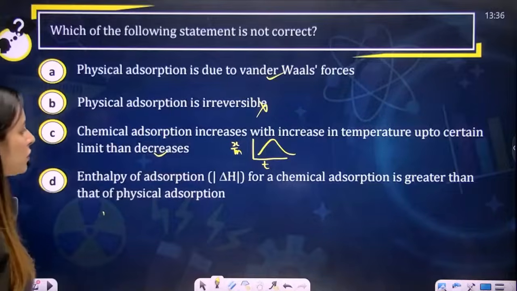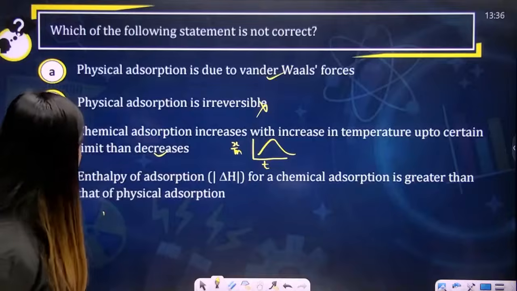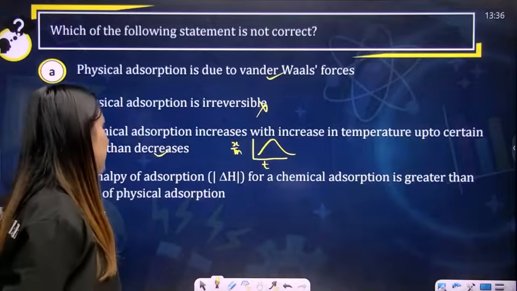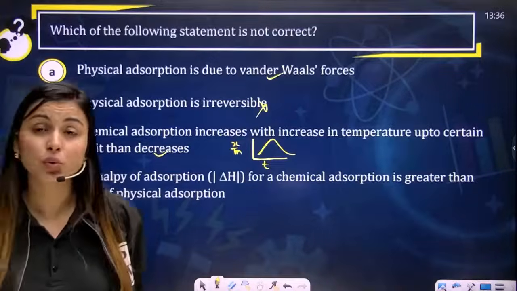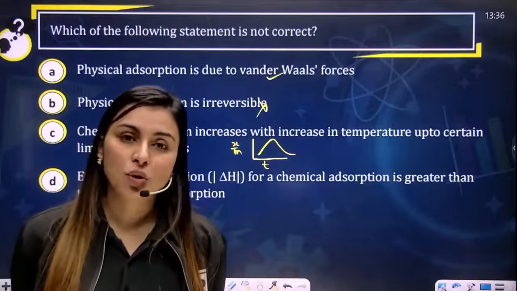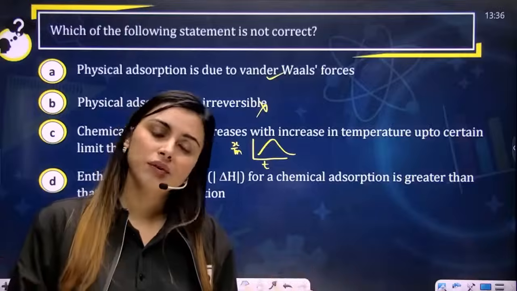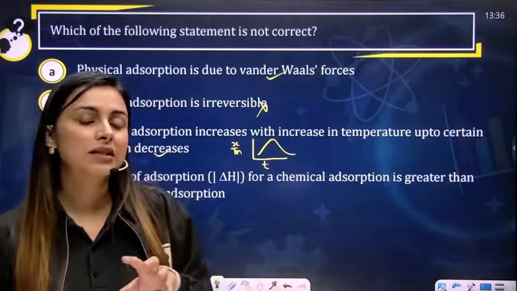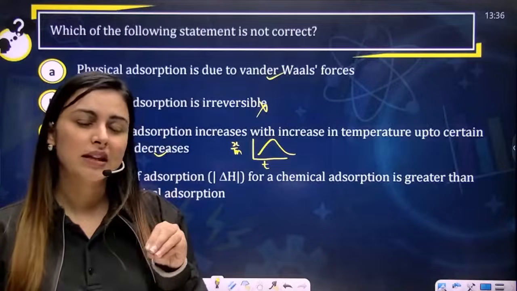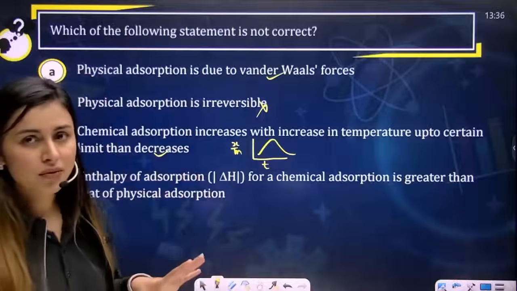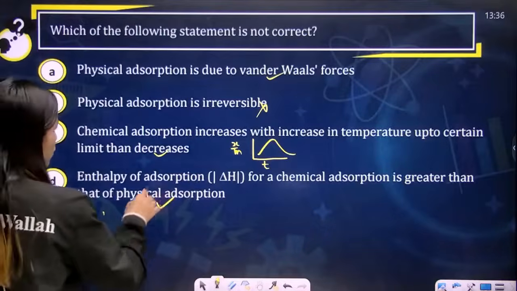Enthalpy of adsorption for chemical adsorption is greater than that of physical adsorption. And that is absolutely true because in chemical adsorption, strong bonds are formed. The stronger the bond, the more energy will be released. Whereas in physical adsorption, very weak interactions are there, so very little energy is released. So this statement is also correct.